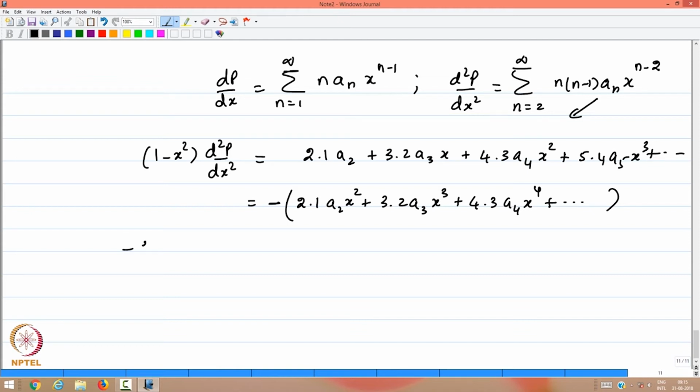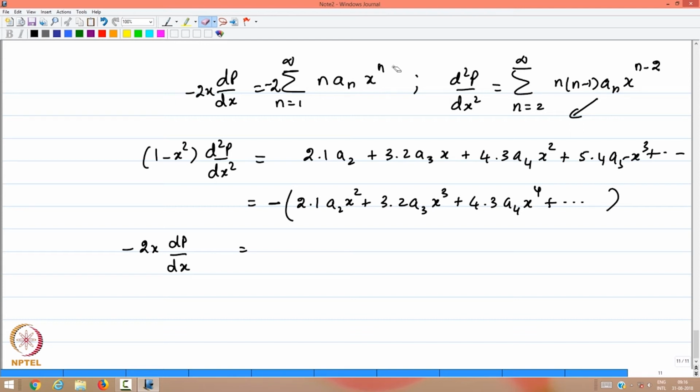Then we have a minus 2x dp by dx. Therefore, this series we have to multiply by x. So, if you multiply this by minus 2x, what will you get? You will get minus 2, and then the n minus 1 power will go away, it will become x raised to n.